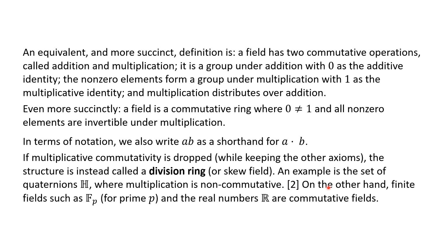And then, on the other hand, finite fields like F sub p and real numbers are commutative fields. F sub p is the integers mod p, where p is a prime number. I've talked about those in a previous lesson.